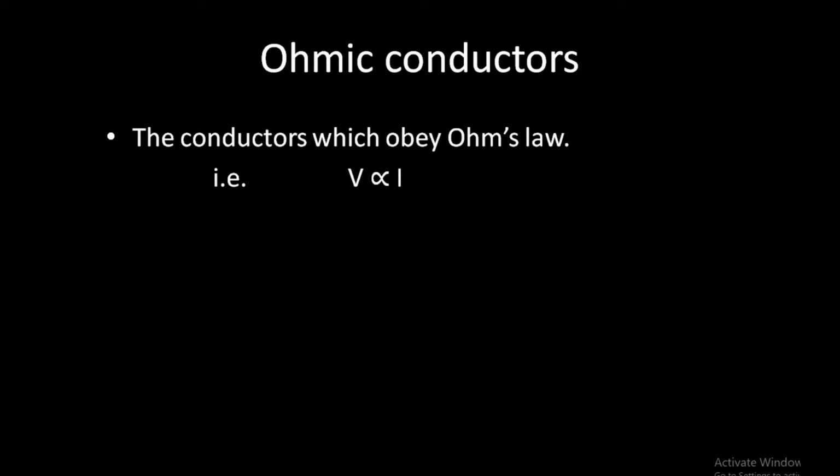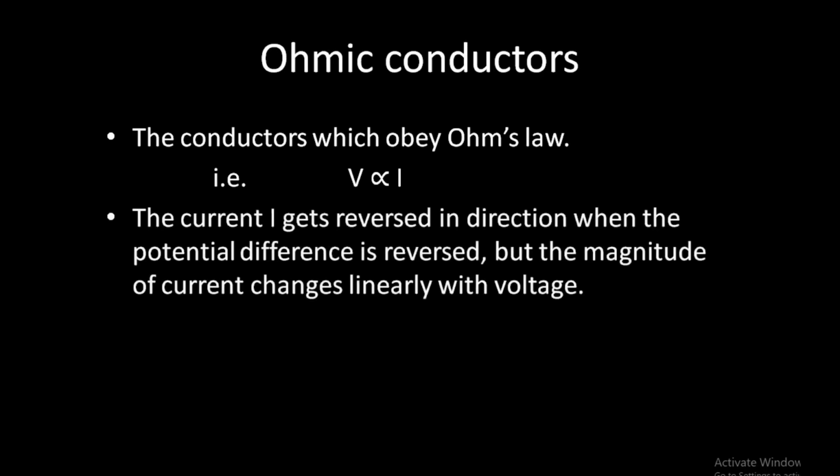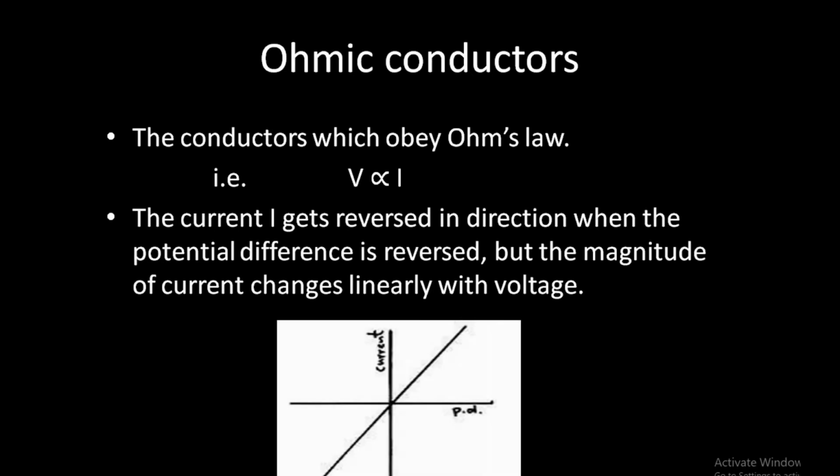The VI characteristic graph for ohmic conductors is given by this figure. Here we can see for the positive values of potential difference, the current is also positive and is varying linearly. Similarly, for the negative values of potential difference, the current is also negative and is varying linearly. So this is the VI characteristic graph for the ohmic conductors. I think it's clear now.